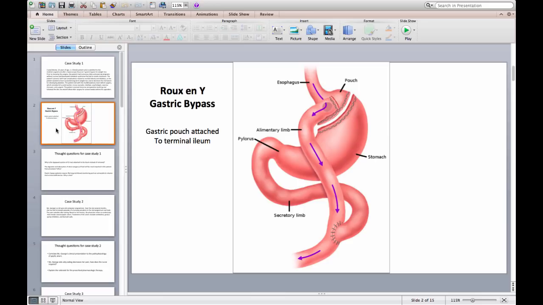Because that overloads the system with what you're trying to get. If your absorptive capacity is reduced, you really need to provide a lot to compensate. And if you get evaluated and find that you have a vitamin deficiency, you need to get supplemented. So in one way, bypassing the duodenum is the purpose, because that's where fat is broken down and digested. But on the other hand, there are problems with it.